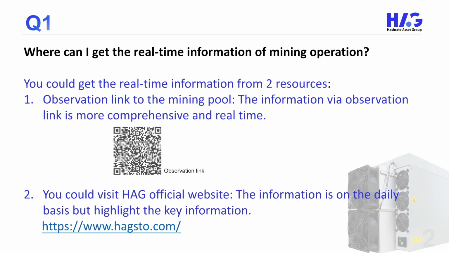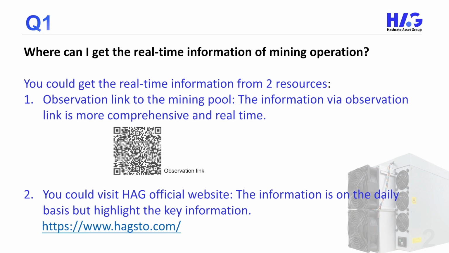The observation link would be the most insightful resource to understand the mining operation in real time. However, if you just want to check some key information, you can visit HAG's official website. We have a real-time dashboard on the first page of our website.